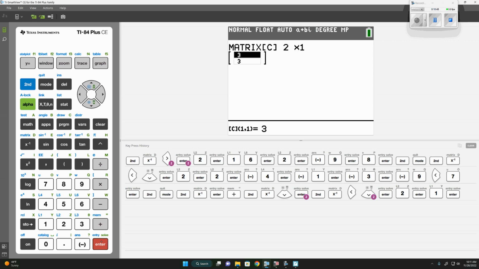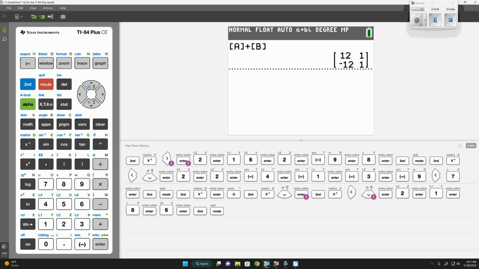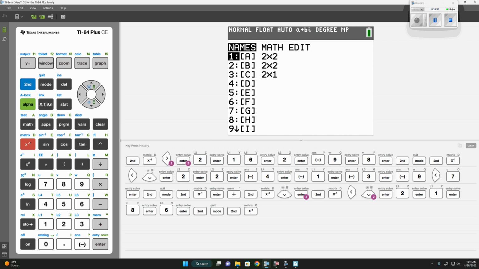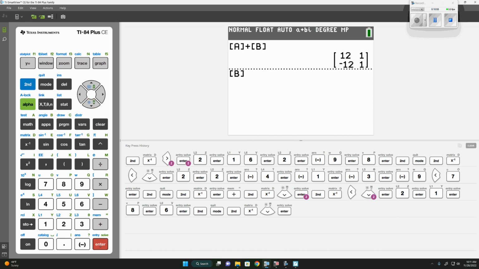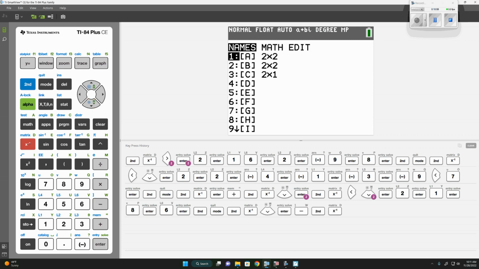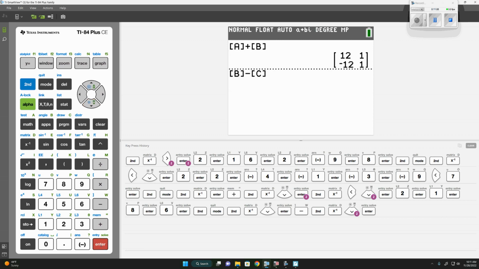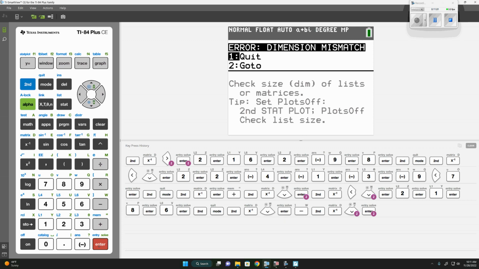Now, if I wanted to, we can say 8, 6, and plug that in. And in the calculator, we can say second matrix B minus second matrix C, because that's what we have, B minus C, yes? Enter. Dimension mismatch. It's telling us it's an error. Check size, dimension of list of matrices.